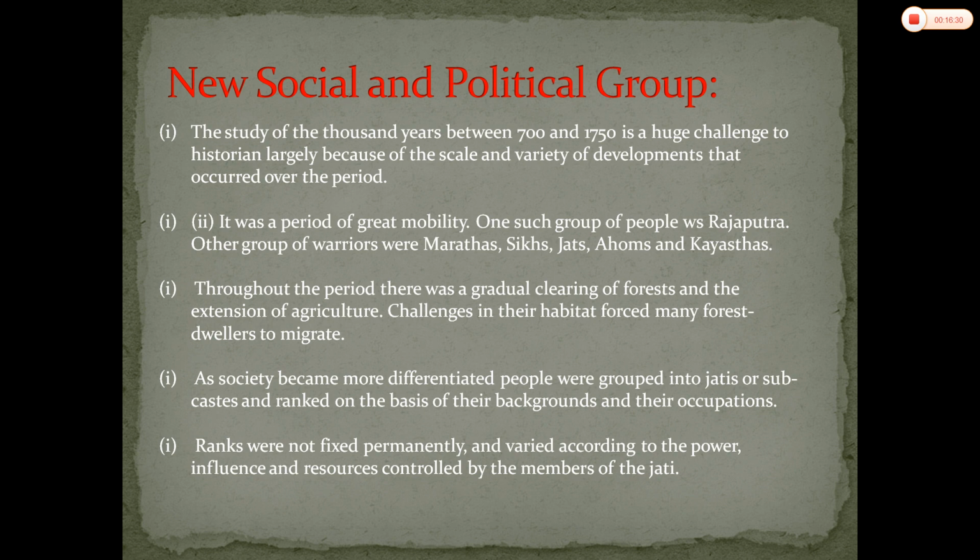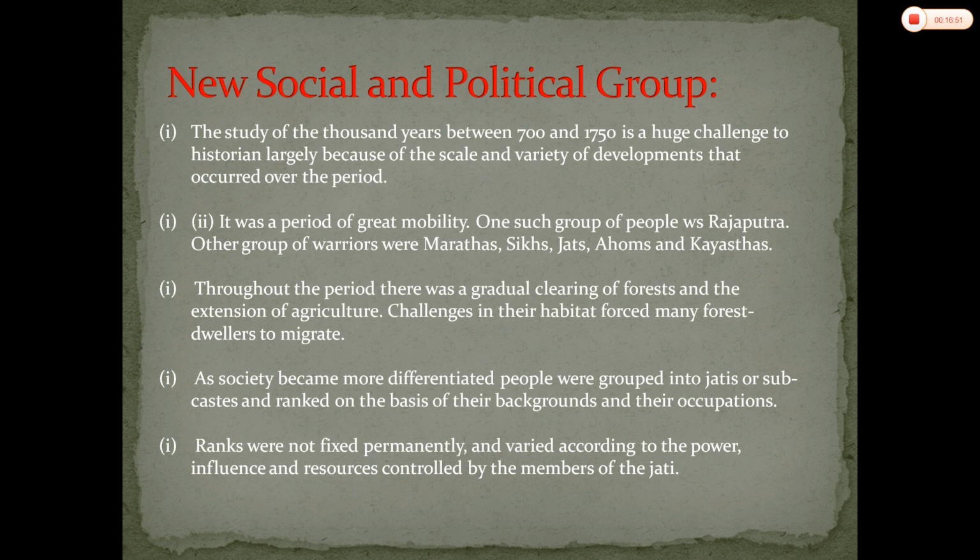Some were described as high caste, some as lower caste. In this way, society became more differentiated and the ranks were not fixed permanently.